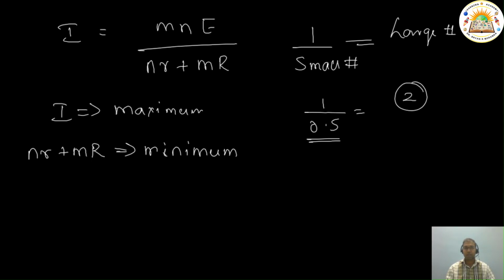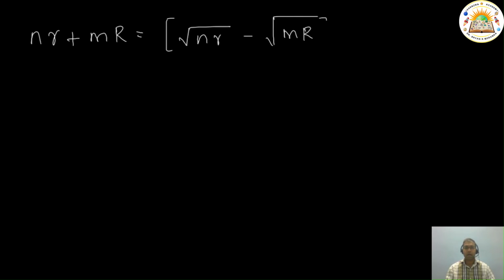So we can simply write it in this particular format. nr plus mR is equal to root of nr minus root of mR the whole square plus 2 times root of nmrR.